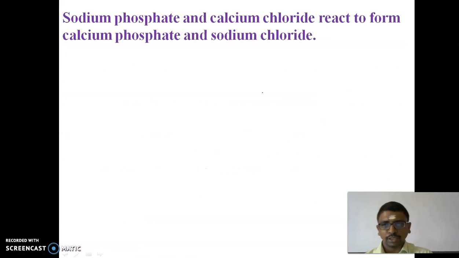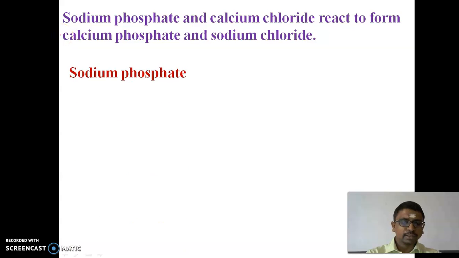So what is the question? Sodium phosphate and calcium chloride react to form calcium phosphate and sodium chloride. So here, what are the reactants? Sodium phosphate and calcium chloride. These reactants come on the left hand side. First we have to convert them into a word equation.